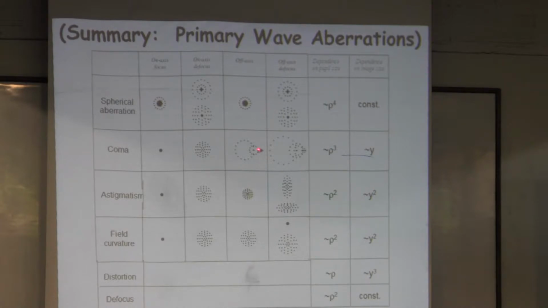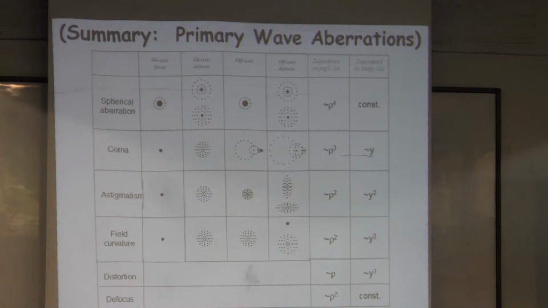Because if you have coma, all your points have this tail. So it really looks like an extension to one side. And for astigmatism, these are all extended. And then it depends on whether, if you go slightly out of focus, sometimes the shape becomes extended.